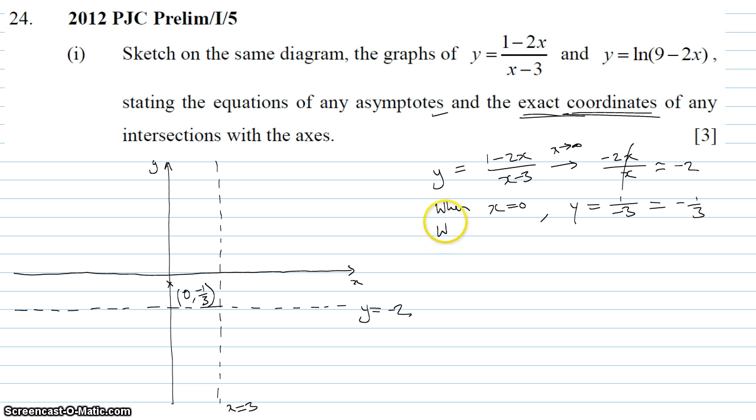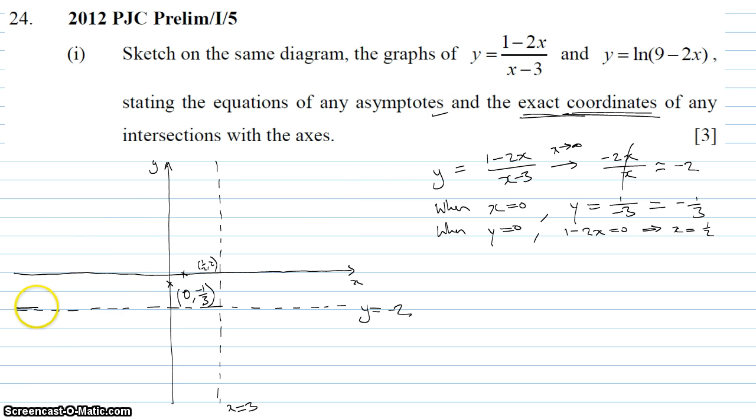And when y equals 0, that means the top line must be equal to 0. So 1 minus 2x equals 0, which means x has to be a half. So about here: (1/2, 0).